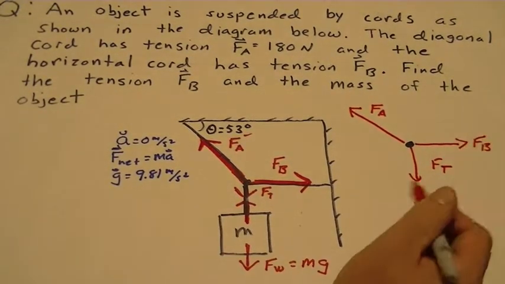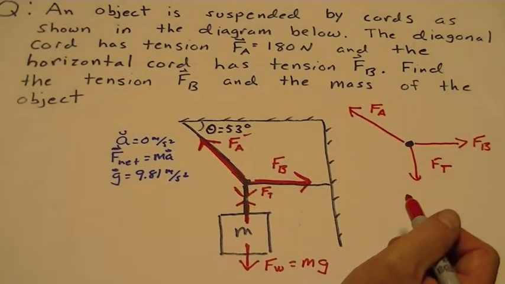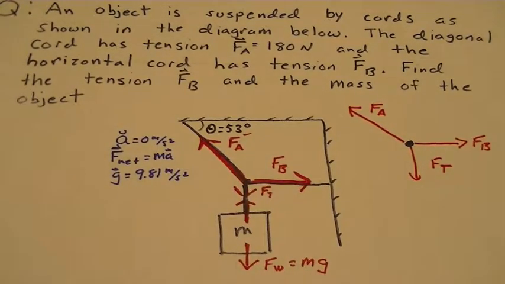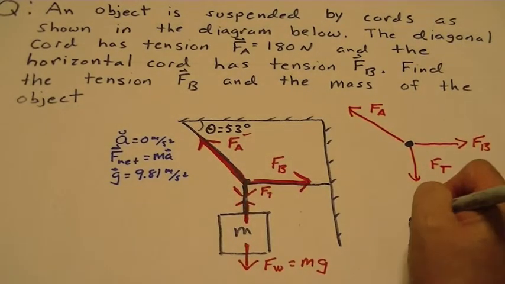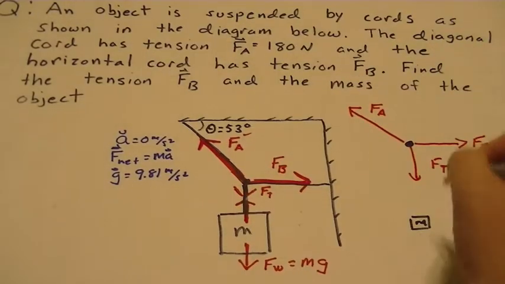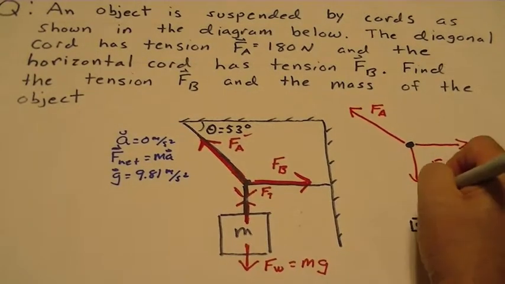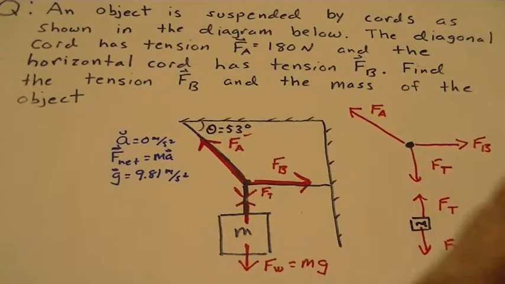Now, drawing your forces like this is just a little bit easier to see what's going on without all the rest of the picture confusing it. Now, let me do the mass. I'll do that right below. On the mass, I have the forces Fw, the weight, and I have Ft, the tension.